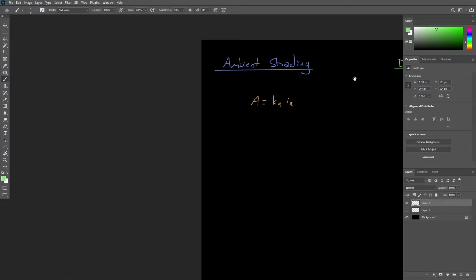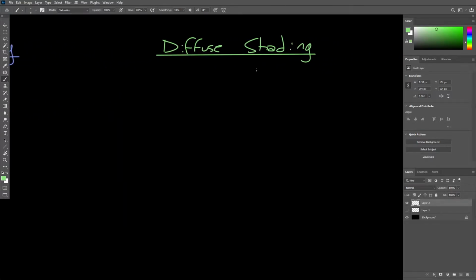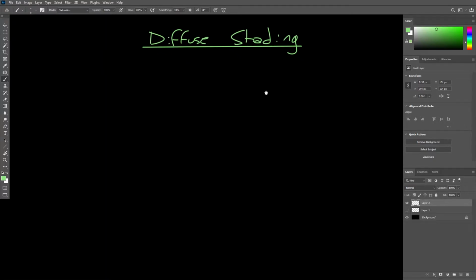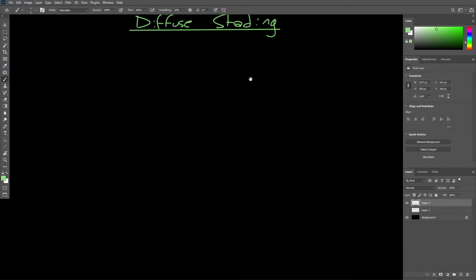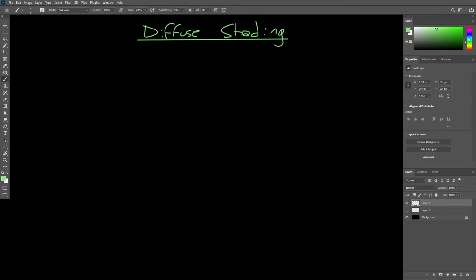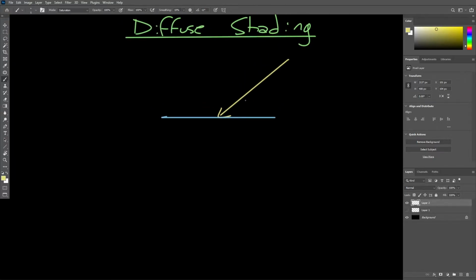All right, next let's talk about diffuse shading. So with diffuse shading or diffuse reflection, what we're doing here is receiving light from a light source. So we can draw that out as we have our surface, and we're observing a certain surface point, and there's an incoming light direction.